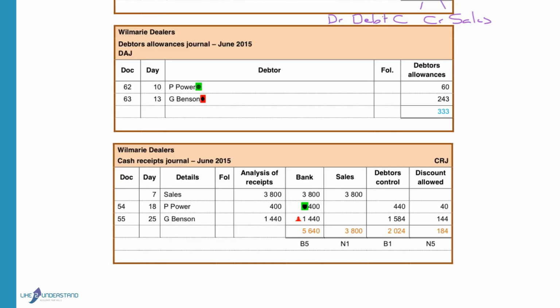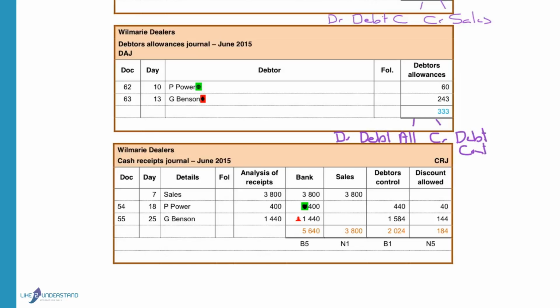In the debtors allowances journal, we will not have a cost of sales column again, but we will post the total in the debtors allowances and we will debit debtors allowances to decrease the income of the business, and we will credit debtors control to indicate that they owe less money.